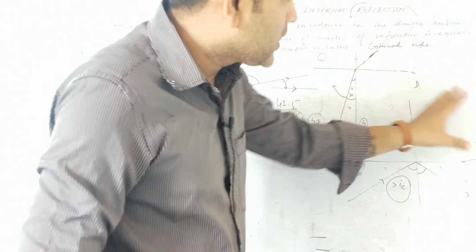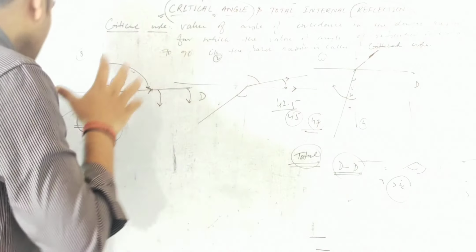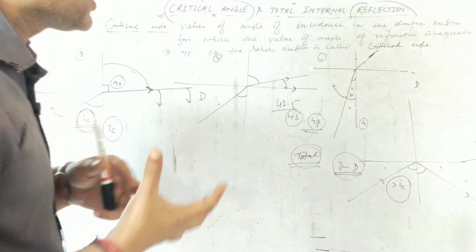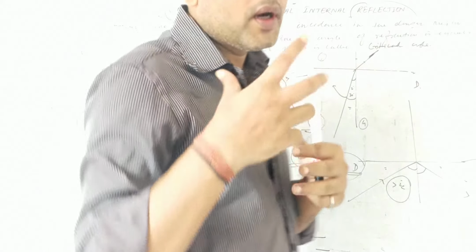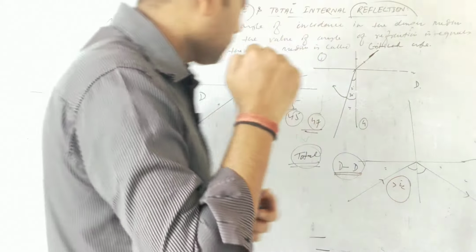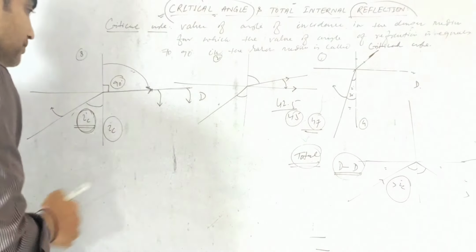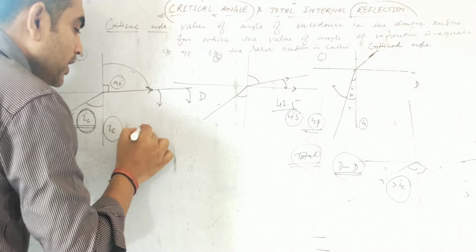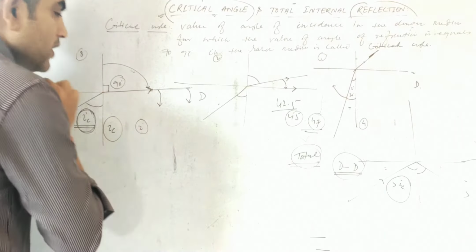And now, what are the conditions required for total internal reflection? First condition: in order to have total internal reflection, light must travel from the denser medium. Yes, in this situation also light will have to travel from the denser medium.